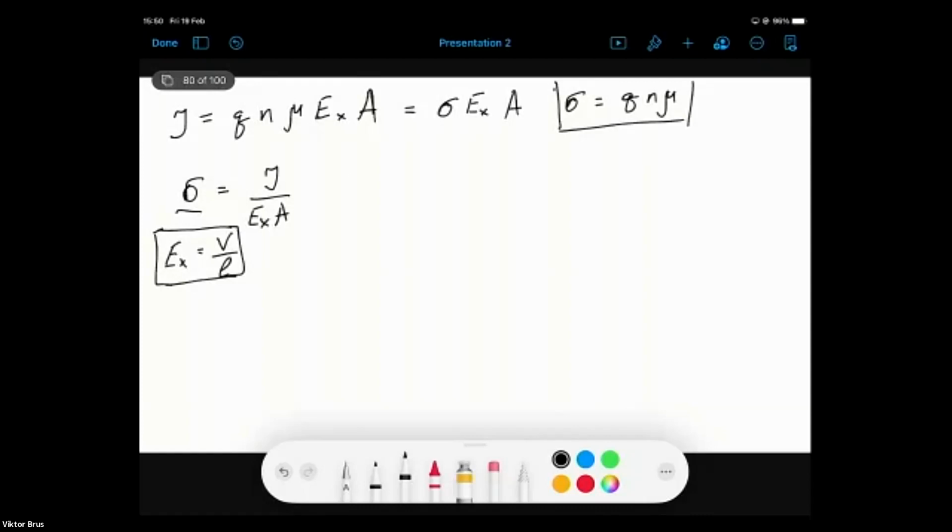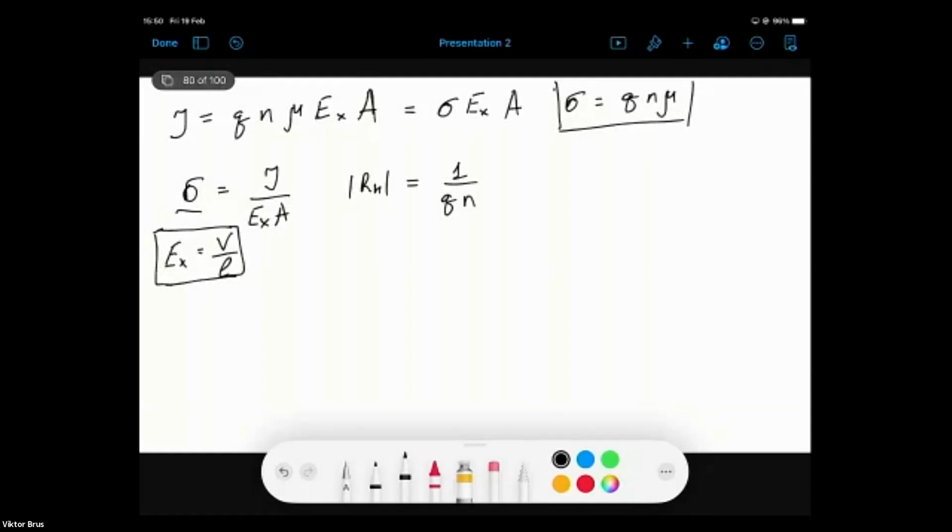At the same time, the absolute value of the Hall coefficient is equal to 1 over Qn. This is what we derived on the previous slide. I take here the absolute value. We don't care about the sign at this point.